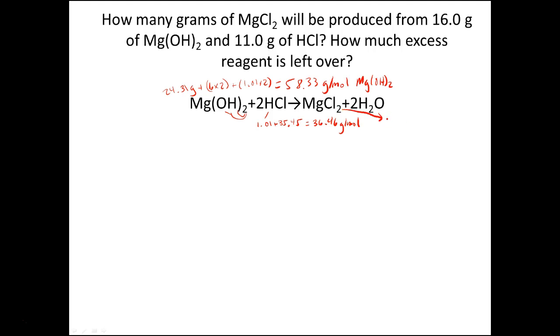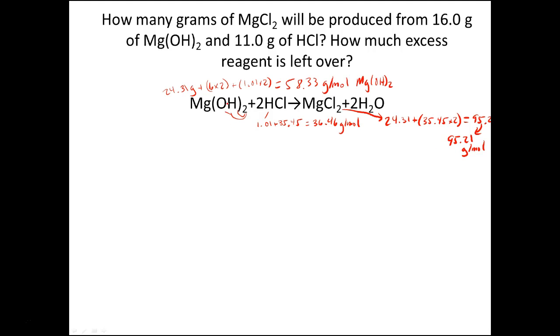That's going to be, again, 24.31 plus chlorine times 2, 35.45 times 2. If we add that up, that's going to give us 95.21 grams per mole. Okay, so we have our 3 different molar masses for our 3 compounds.